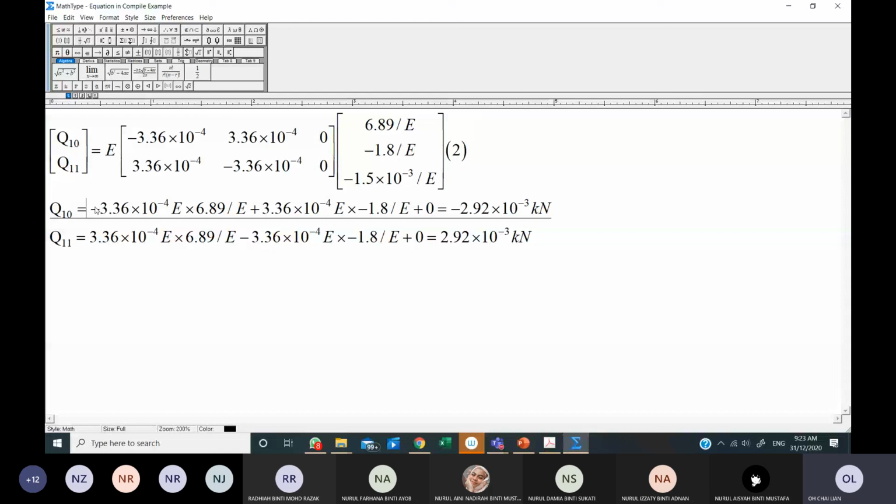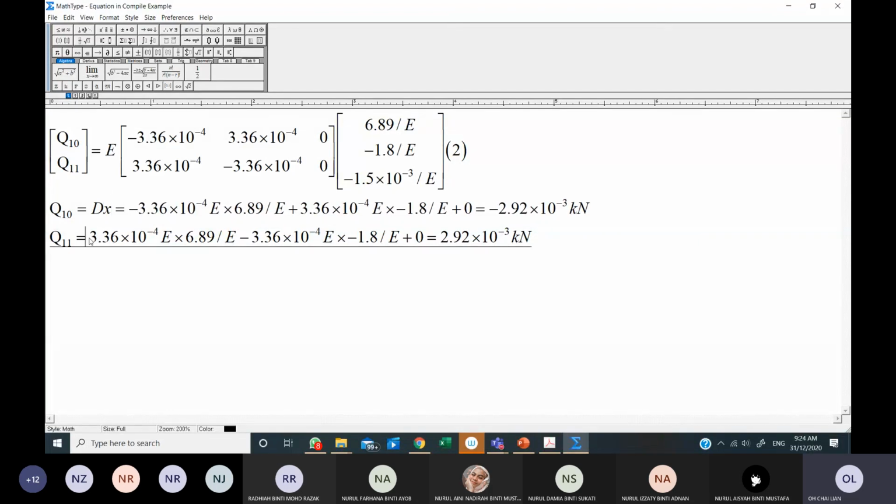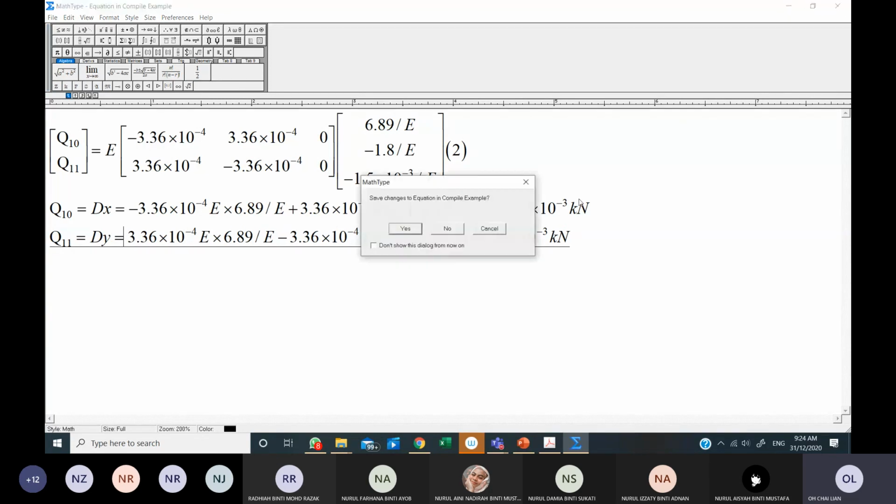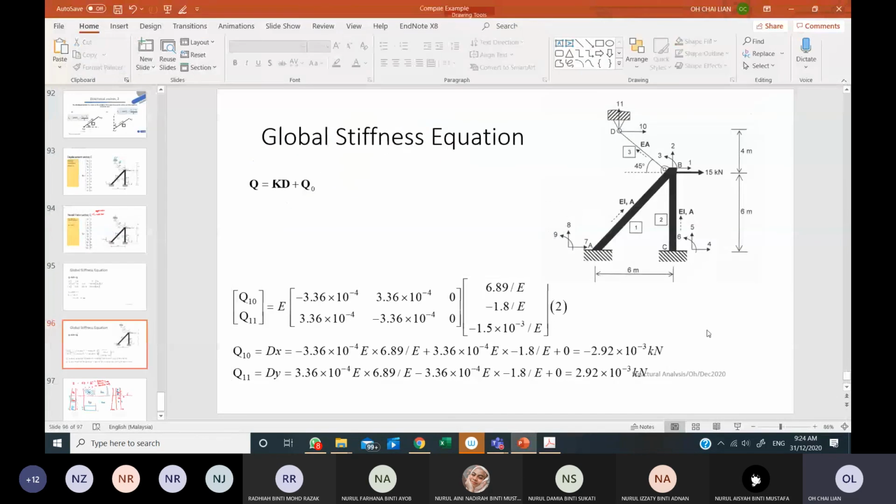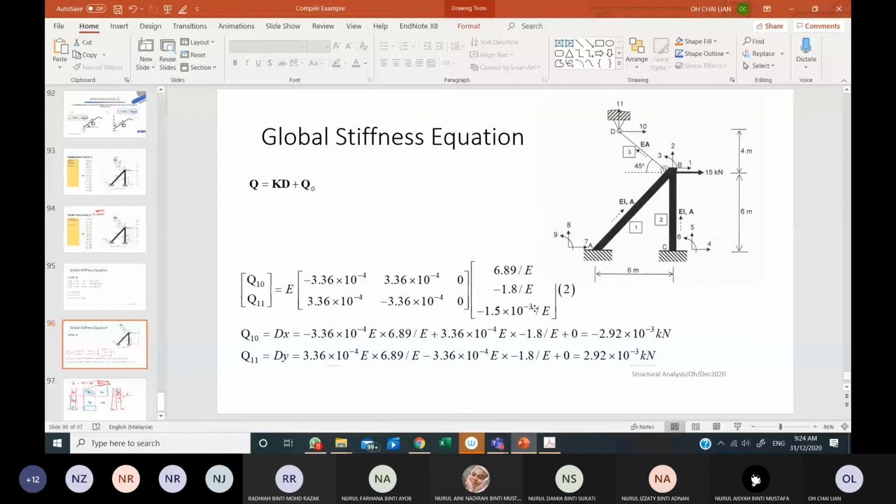Q10 is actually your Dx, Q11 is actually your Dy, your support reaction. Then you can use the method of joints for joint D to put in all the forces. So I'm going to copy this.